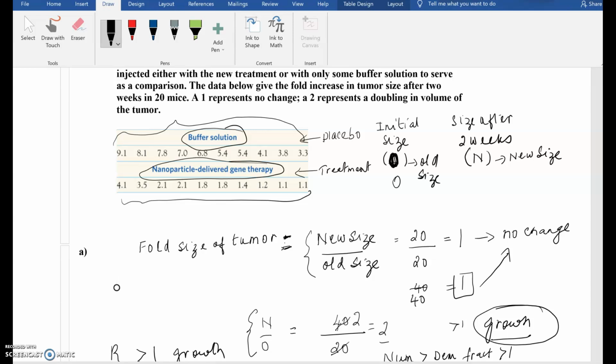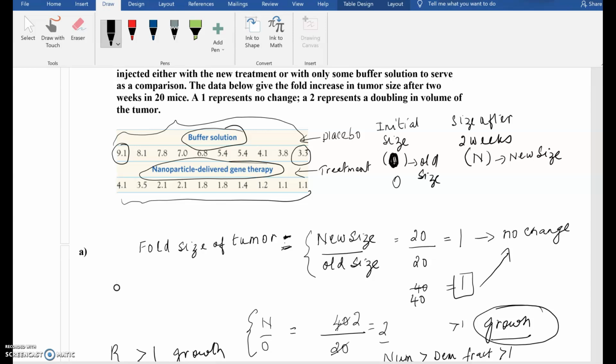And if you look at the range of values in the buffer solution, which is the placebo group, the numbers range from 3.3 to 9.1. Always, when you say range of values, you have to say the smaller number first.